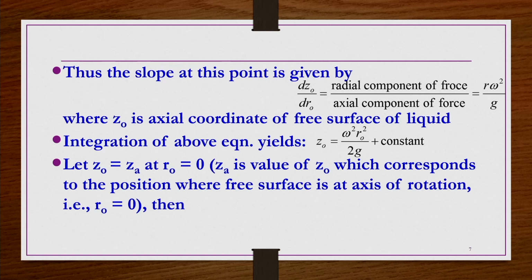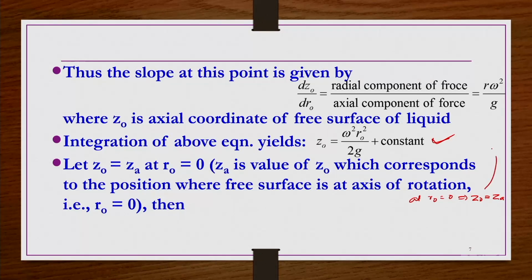Then in this equation, if you substitute R naught equals 0, then the constant is Z naught equals ZA. That is the boundary condition: at R naught equals 0, we have Z naught equals ZA.